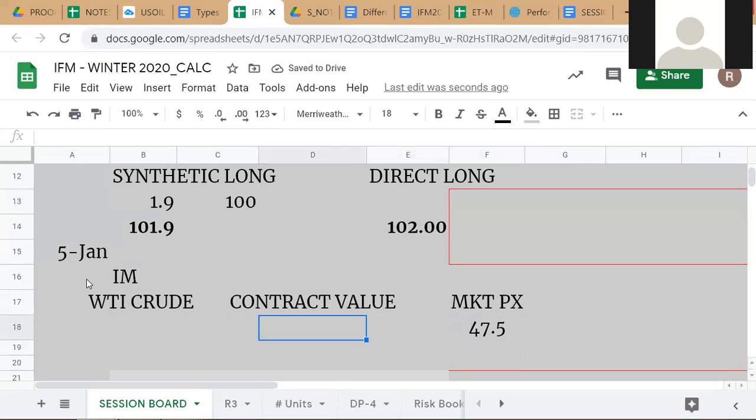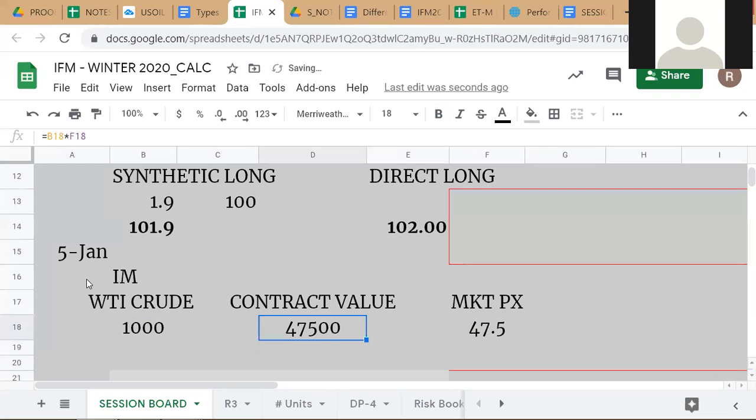And the contract value is basically, you have to understand the contract size is 1,000 barrels. Okay, it's 1,000 barrels per contract. If you go to the contract specs, you'll see this contract is 1,000 barrels per contract. So the contract value here will be recorded as 1,000 into 47.5.